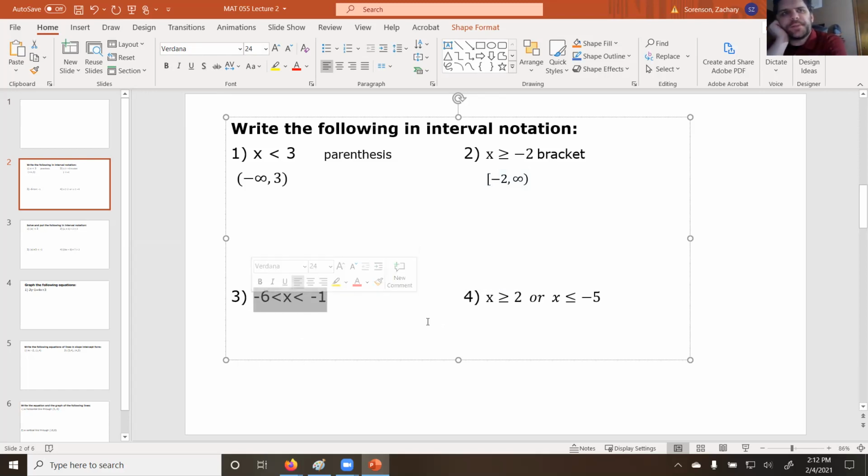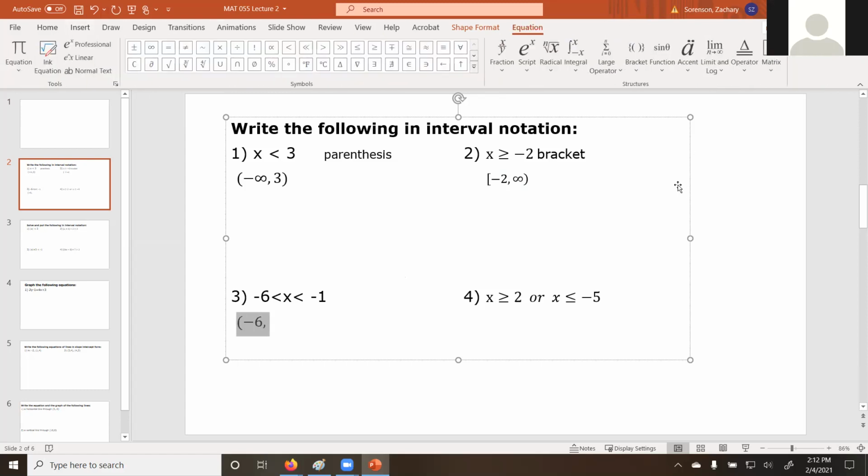So what's the smallest possible value for X? -5 or something. It's -5.999, not -6. I like where your head's at, but we can get really, really close to -6. So we do the parenthesis and then we do -6. You're right, it can't actually touch -6, but we can get really, really close to that number.